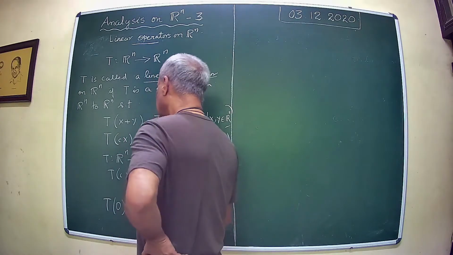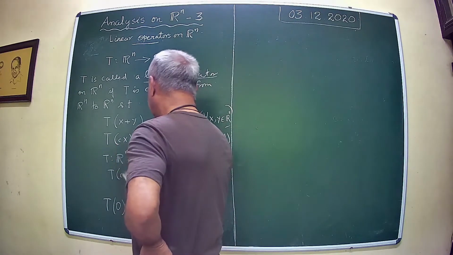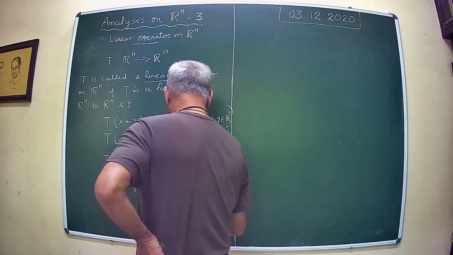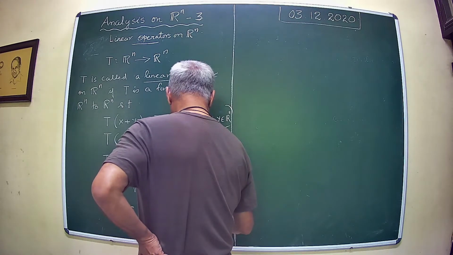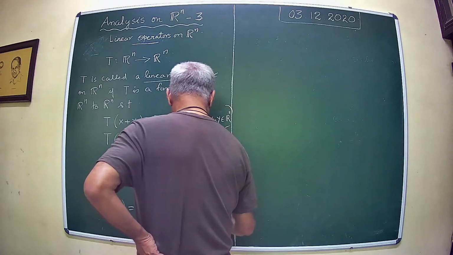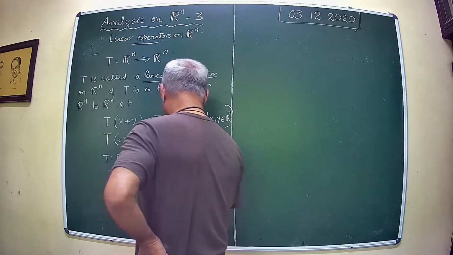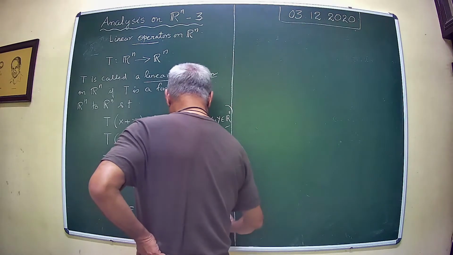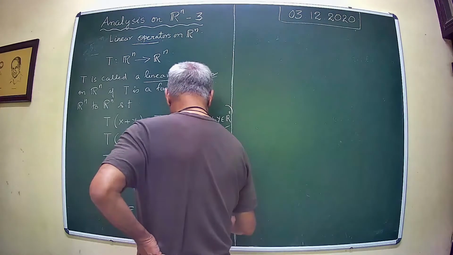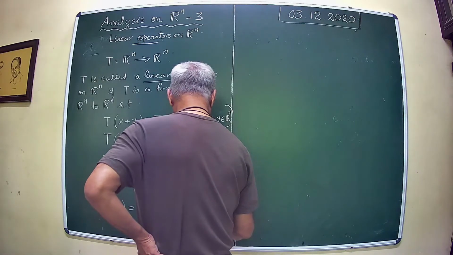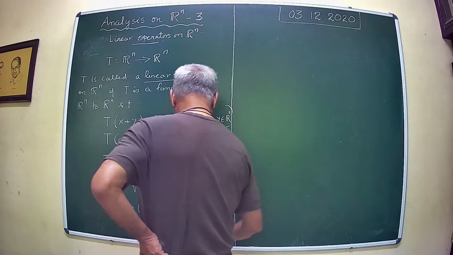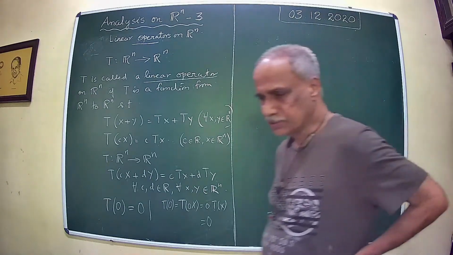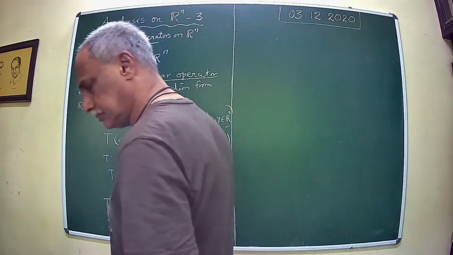T of 0 I can write as T of 0 times x, and this is equal to 0 times Tx. So that's an obvious inference from that.